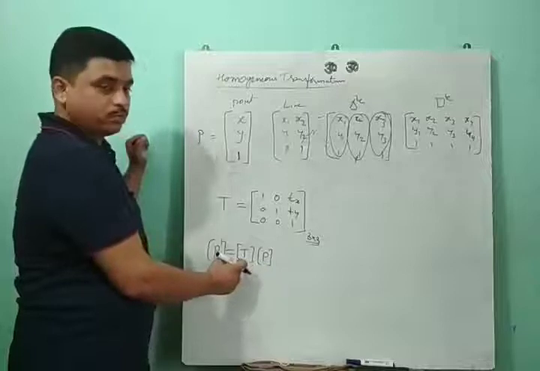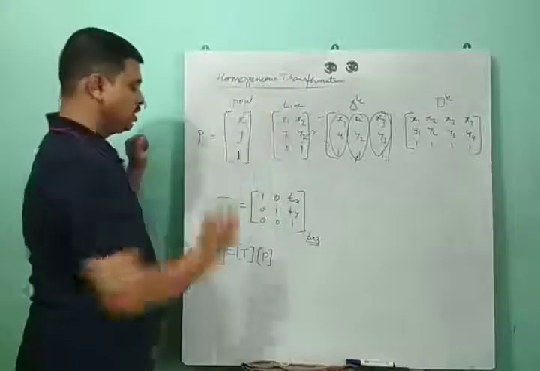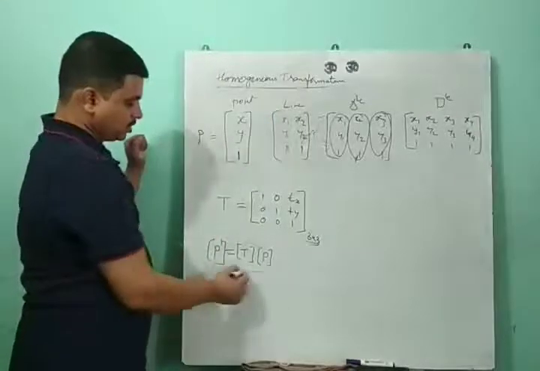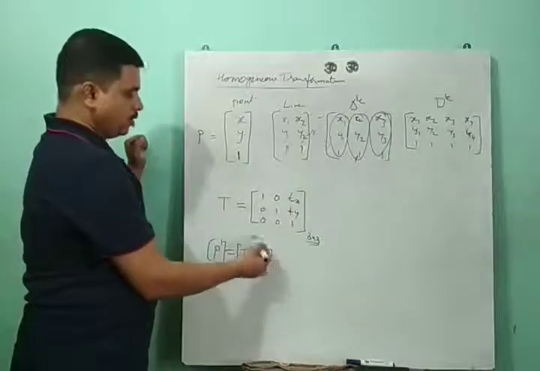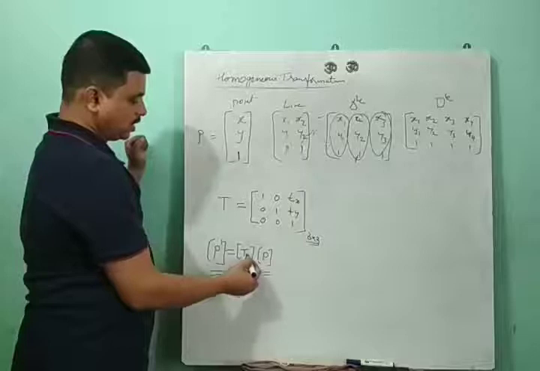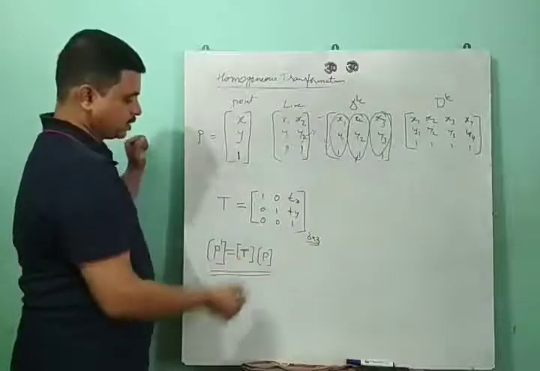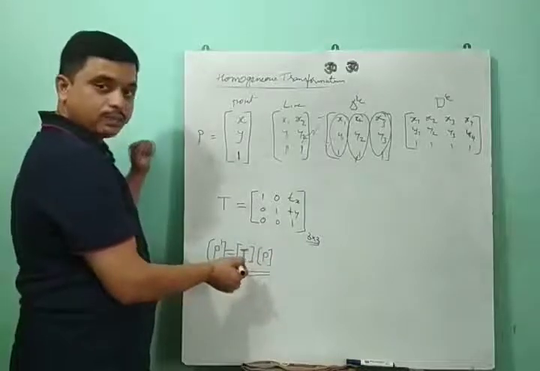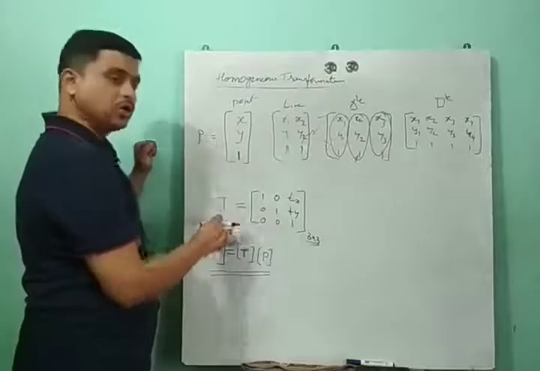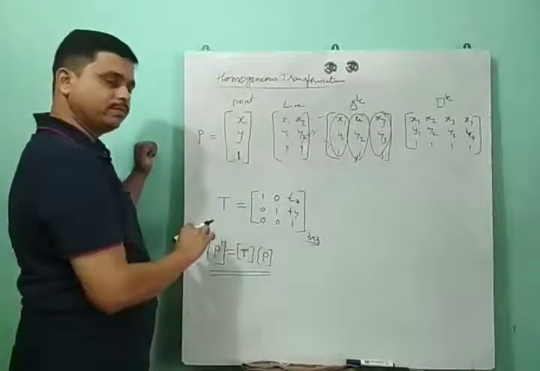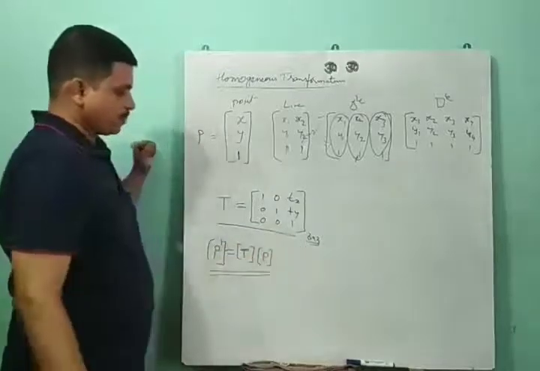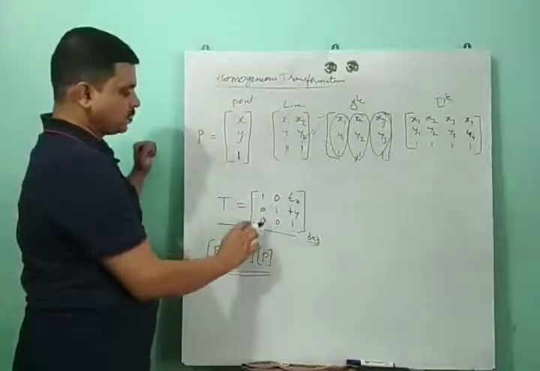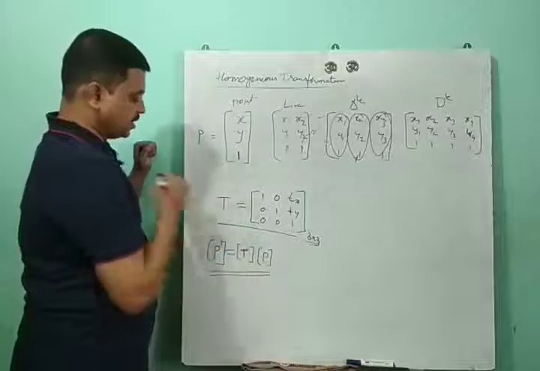So this is most important in case of homogeneous transformations. So this is the general form you have to remember. So this is the initial point. Before that you have to write the transformation matrix. So this transformation matrix can be a translation, rotation, or a scaling. So this represents the homogeneous representation of translation.